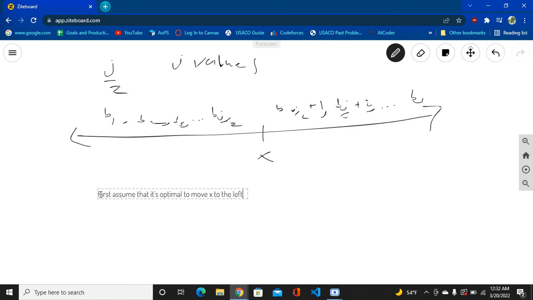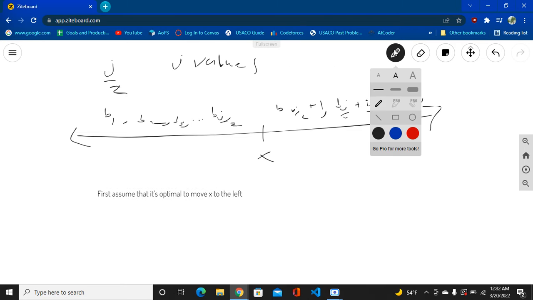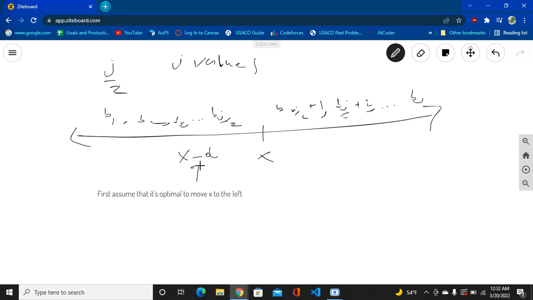Let's say the optimal spot to the left is x minus some distance d, right? Let's say that x actually should be in this location. So the optimal spot is actually x minus d.